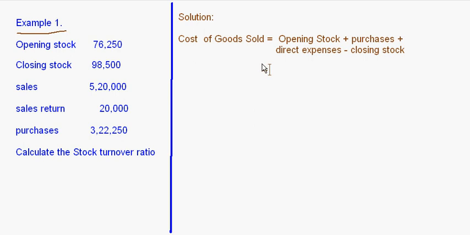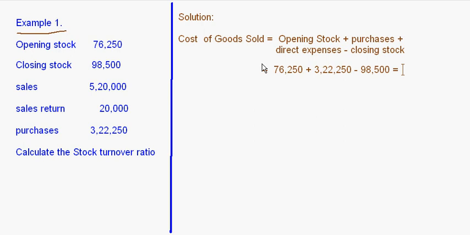So, in this question, opening stock is given as 76,250, purchases is 3,22,250, and there are no direct expenses given. So, we will subtract the closing stock, which is given as 98,500, right.